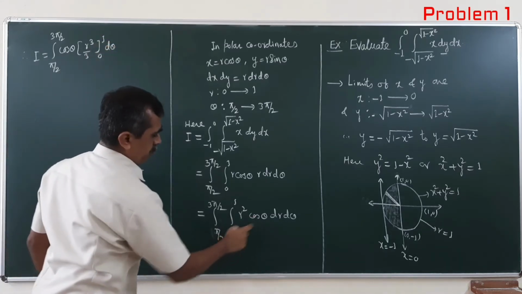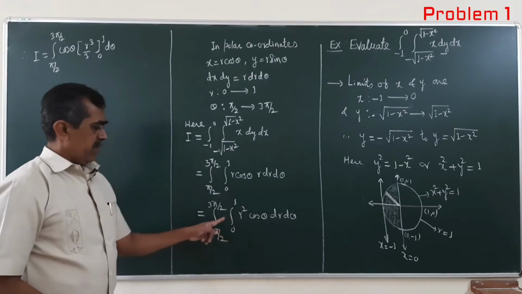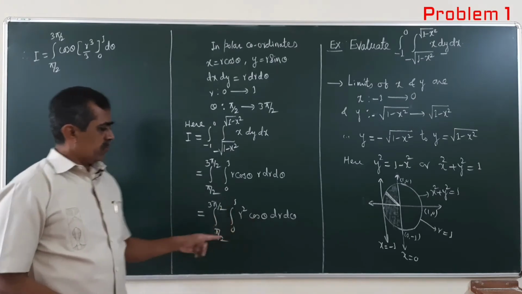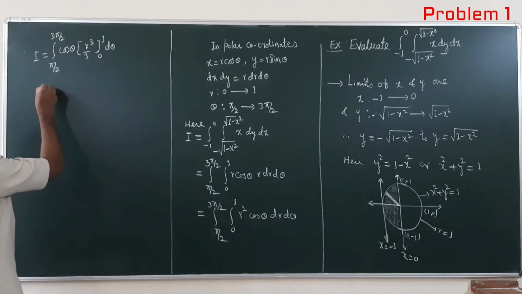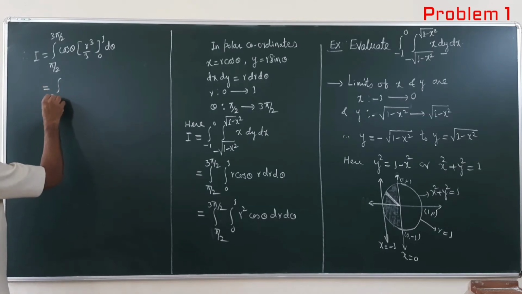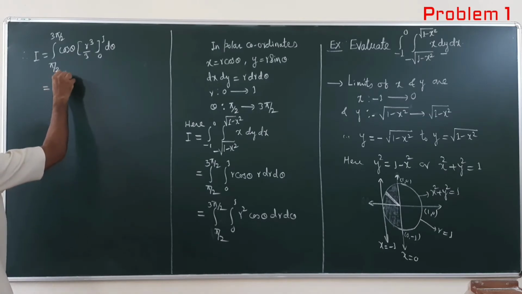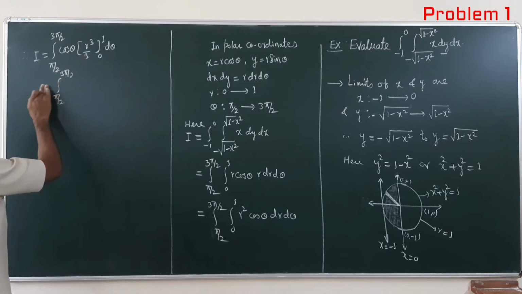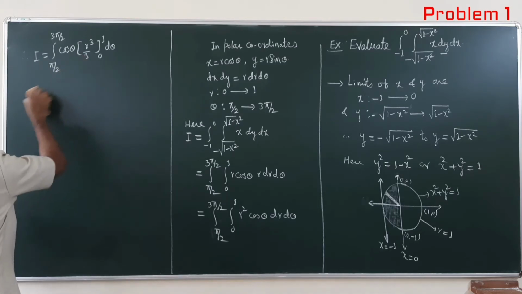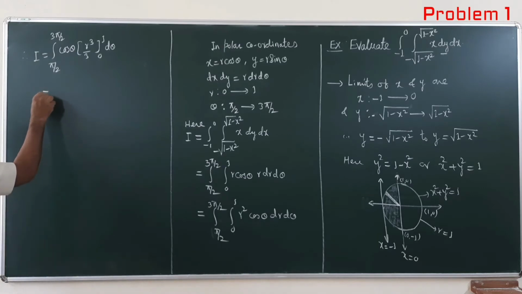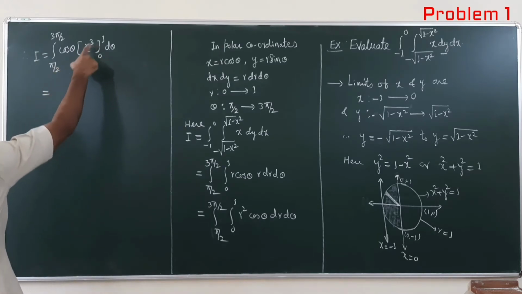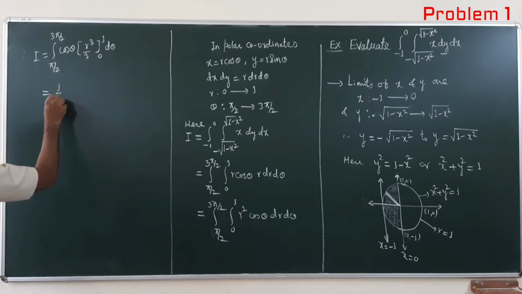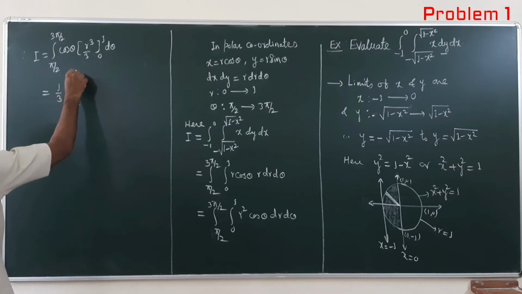Putting the upper limit 1 by 3 and lower limit 0, simply 1 by 3 integral pi by 2 to 3 pi by 2.